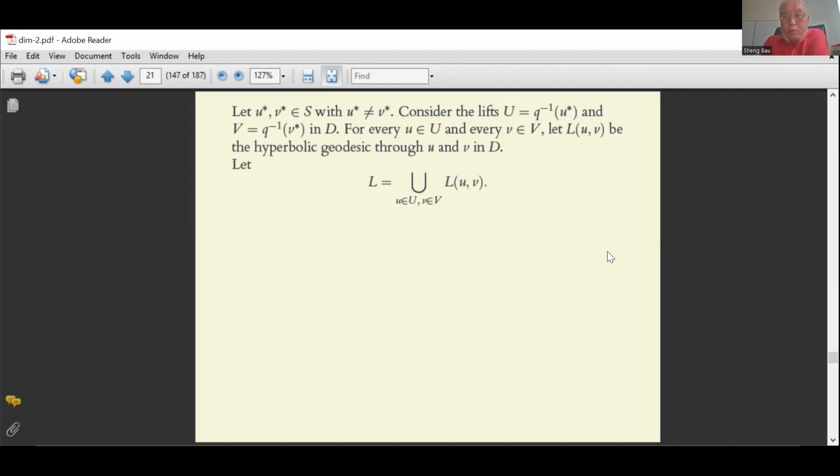So for every u in the inverse image of U star and every v in the inverse image of V star, let L_uv be the hyperbolic geodesic through u and v in D, because D is the model for the hyperbolic plane. On the hyperbolic plane, just like the Euclidean axiom for the Euclidean plane, 2 distinct points determine a unique straight line, which is now a hyperbolic geodesic. And we denote by L_uv this hyperbolic geodesic passing through u and v.